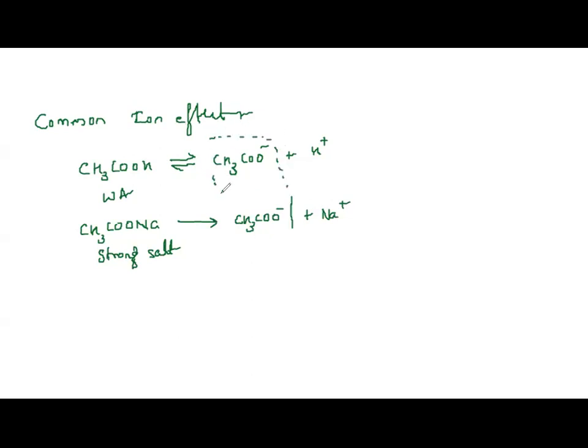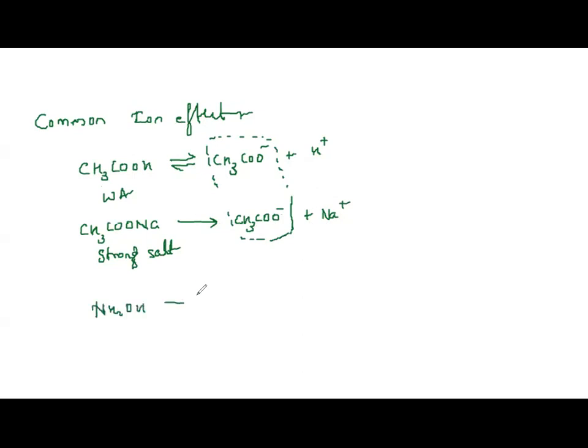So the degree of dissociation of the weak electrolyte is suppressed by the addition of a strong electrolyte having a common ion. As a result, the concentration of the ion of the weak electrolyte, which is not common, is decreased. You can take one more example. This was for an acid; I can take a weak base. NH4OH is a weak base.